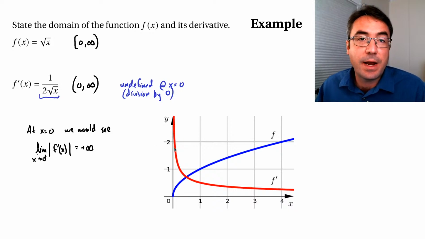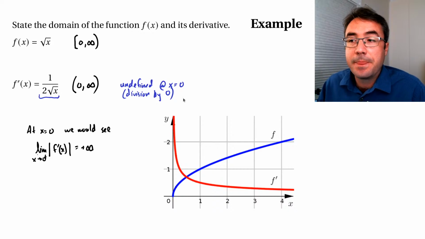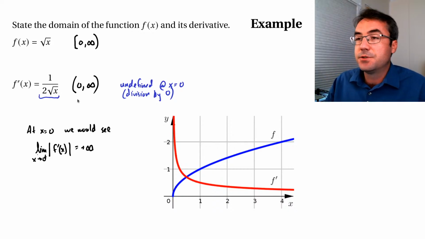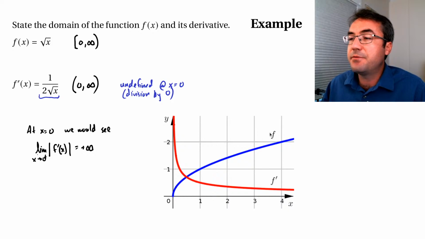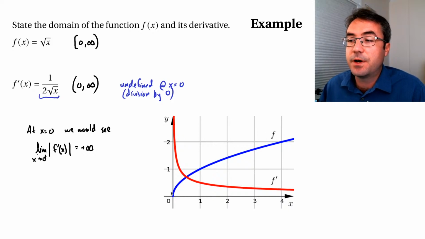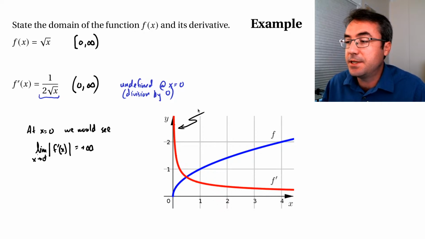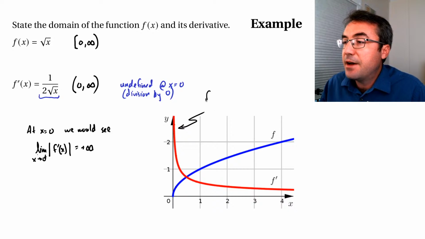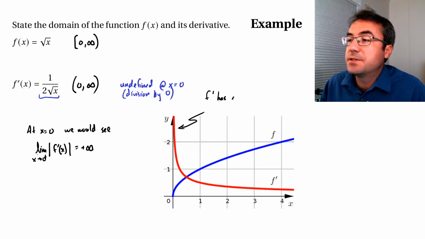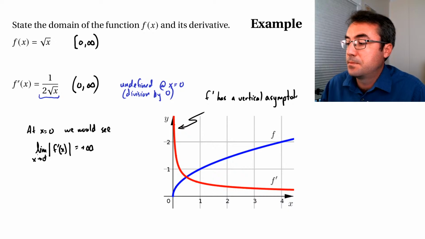And actually, we have the graph here, so we can see that right in our graph. If we look, we have our regular square root function graphed, and then we also have f prime graphed, the derivative. And what we see is if we look close to x equals 0, f prime has a vertical asymptote at x equals 0.